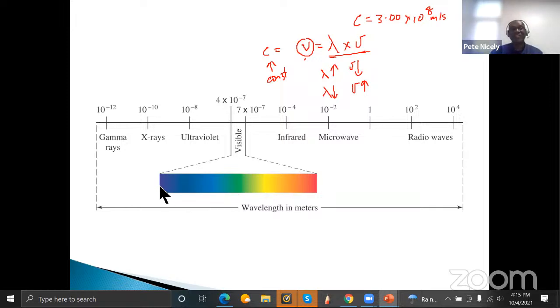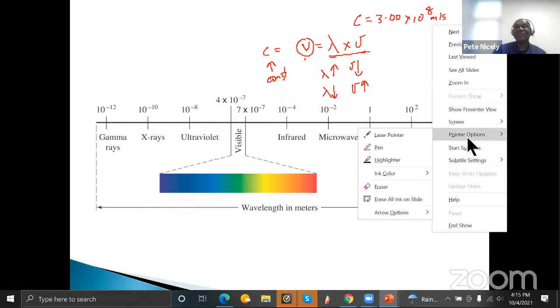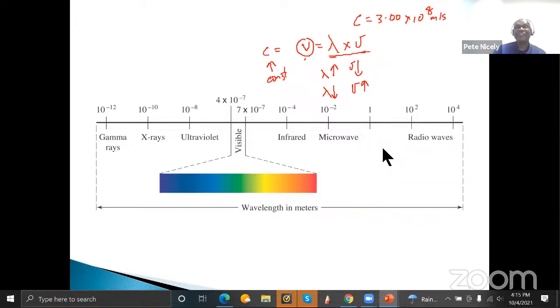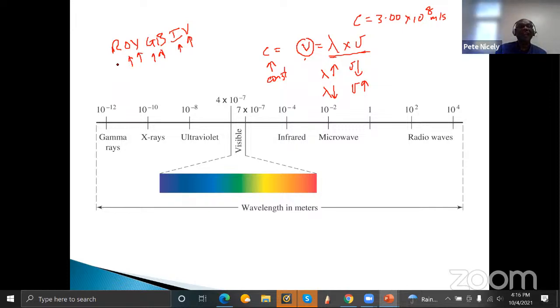So we're talking about starting with violet, then indigo, then, well, there's a memory tool that I use to remember the order of the colors, and that is Roygbiv. Right, so that's violet, indigo, blue, green, yellow, orange, and red, all right?